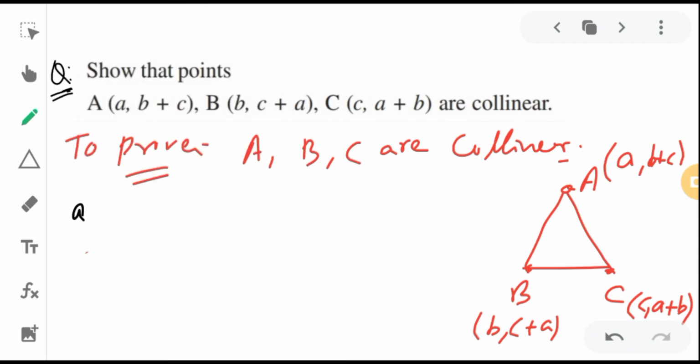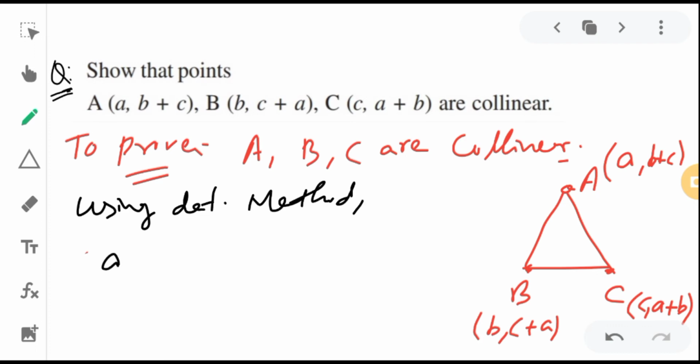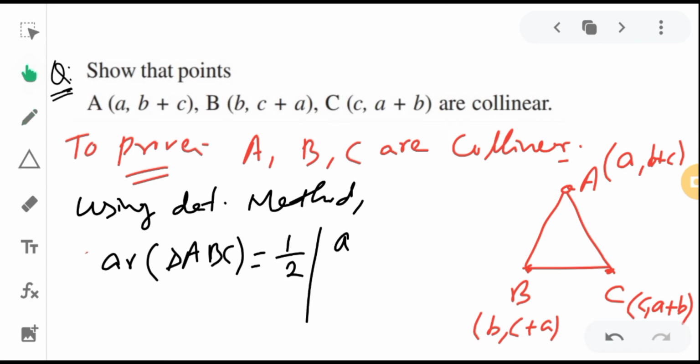Using the determinant method, the area of triangle ABC will be equal to half of the determinant. Here x1 is A and y1 is B plus C, so the first row is A, B plus C, 1.